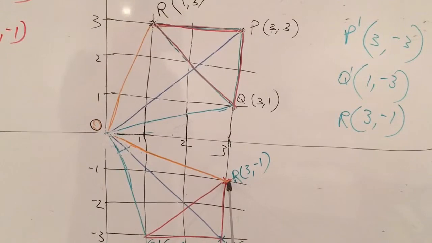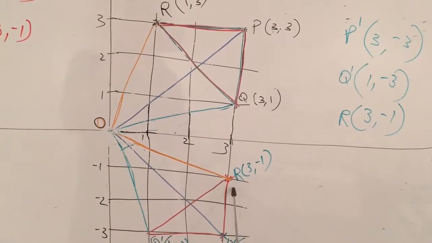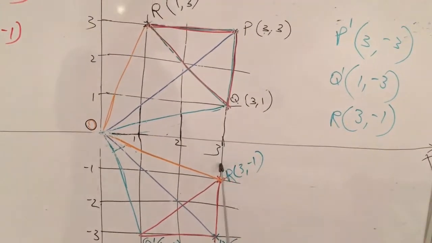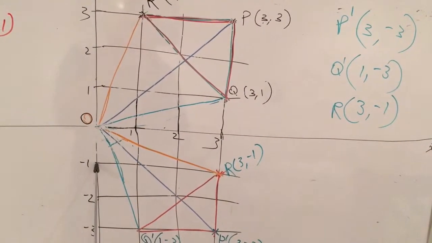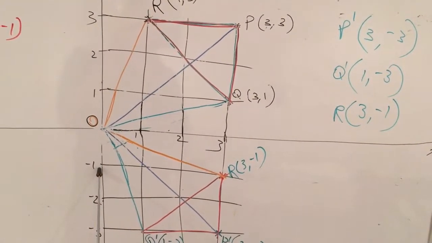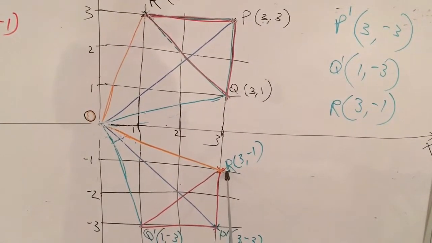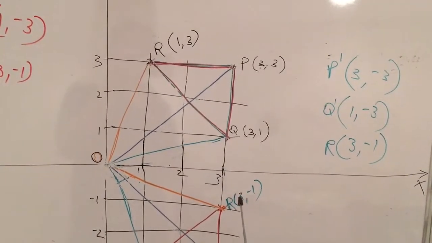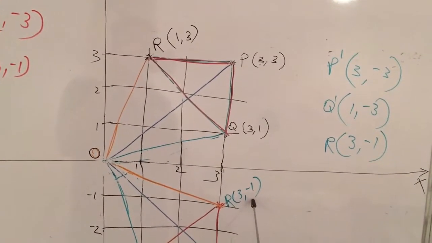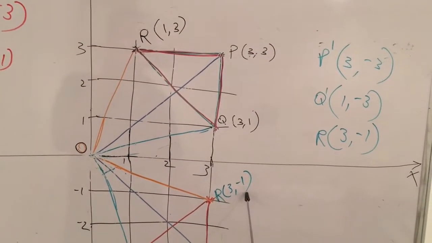This is not R, this is R dash. R dash is 3 and then 1, sorry, R dash is 3, negative 1. Again, you can see this pattern here. You flip 1 and 3, you'll get 3, 1, and then multiply y with negative 1, okay?